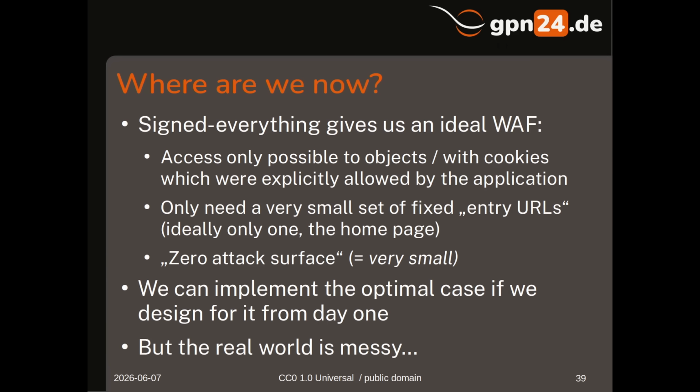But as I hinted at in the beginning, this optimal case is really hard to do unless you do it right from day one. If you design a new CDN, you have this once in a project lifetime chance of getting this right. And as soon as anyone has established anything which is not signed, you're basically lost, because then it will proliferate and people will just keep on and on and use it again. So excuse me.